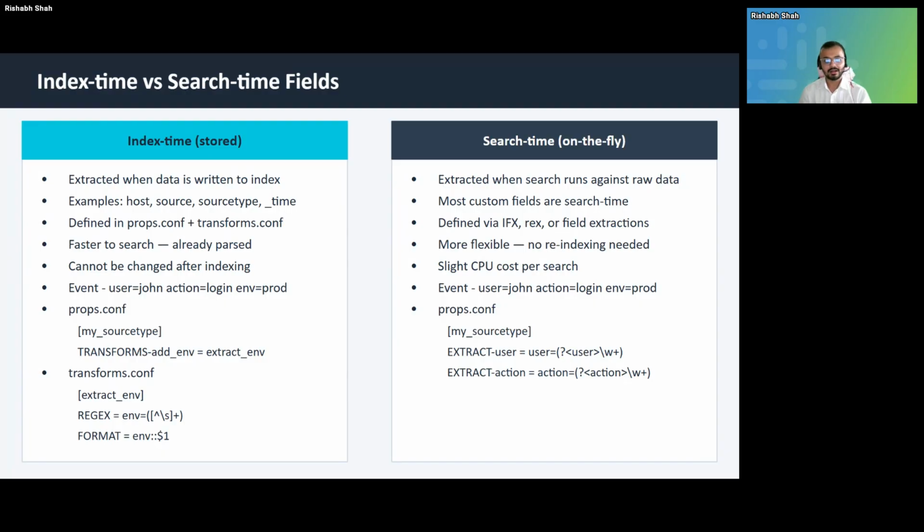So let's say after my update, 1,000 new events come in. Those will have USER, and the previous events will still have USR as a field name. Okay, so those are some advantages and disadvantages of index time.